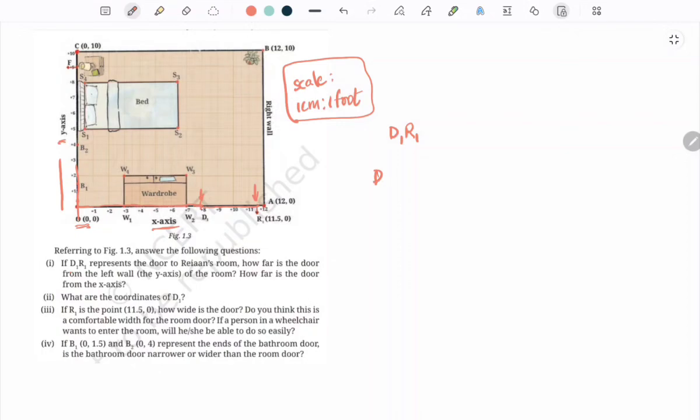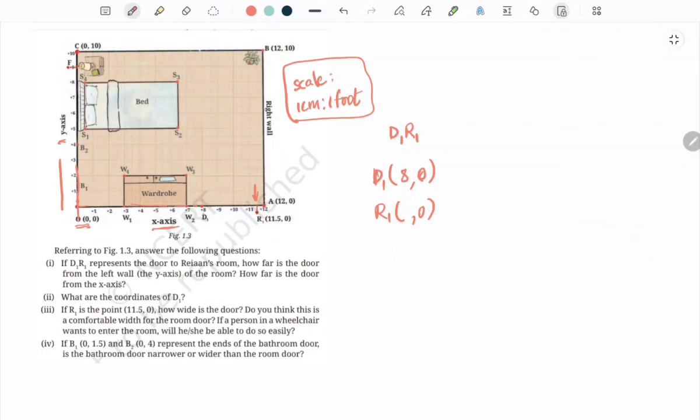So first we will write the coordinates of D1 in the form of x comma y. It lies on the x-axis, which means the y coordinate is 0. And where did the point start? It started at 8, so that will be the x coordinate.